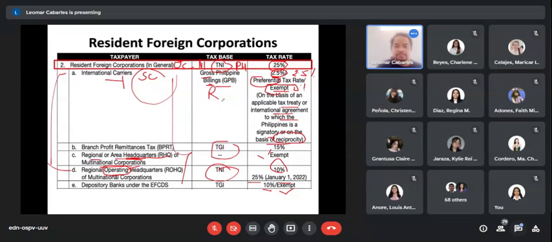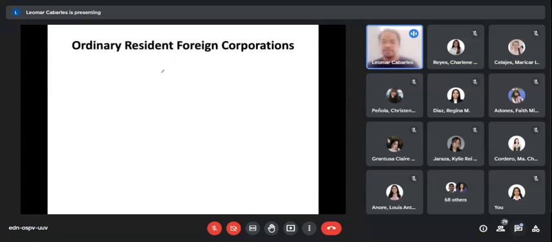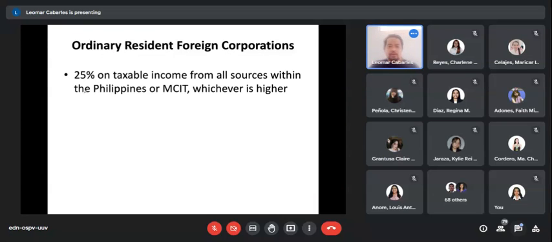So let's talk about ordinary corporation na resident foreign corporation. So ordinary resident foreign corporation. Ang tax rate niya ay 25%. So taxable income from all sources within the Philippines. Or subject din siya to MCIT, whichever is higher.